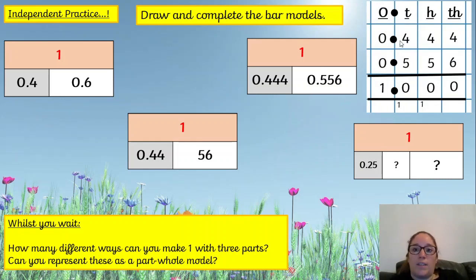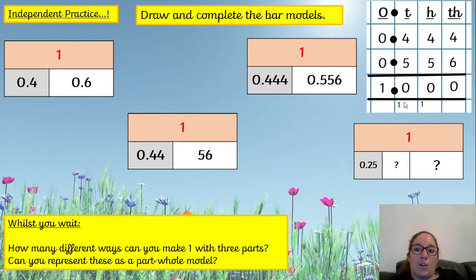So if we've got 0.444, the 4 and the 6 we add together, which will give us 10. So our 0 will go here, our 1 goes underneath, it carries over. We've then got 4 add 5, which we know is 9, but we're going to add this one, which is going to give us 10 again. So our 0 goes here and we carry the 1. And then we've got 4 add 5 is 9, but we've got a 1 here, which also makes it a 10.